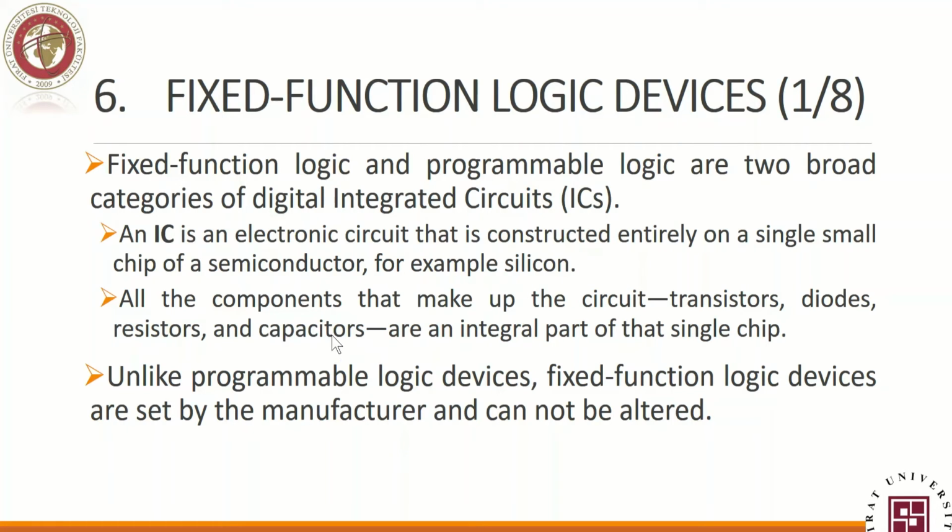Capacitors can be composed also from semiconductors, but inductors are not permitted in such devices for only one main reason. They are bulky and they create an electromagnetic field, and that's not recommended when we design chips. So basically, a combination of transistors, diodes, resistors, and capacitors all together on one chip. What's this chip? I will show you in photos in just a few minutes.